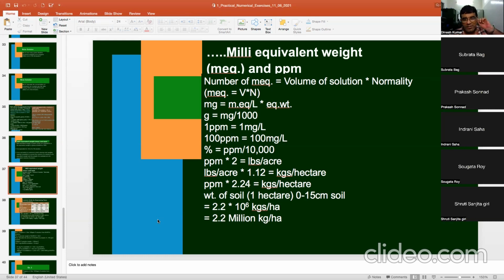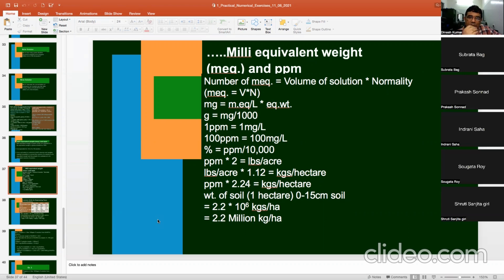So any other point? That by 2 equal pound per acre. How is it? Pardon? ppm multiplied by 2 equal pound per acre. How is it? So this is also kind of a relationship, which is already a kind of formula, you could say. How it has come, that is not clear to me, but it is a fact.